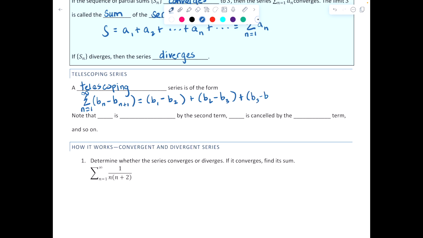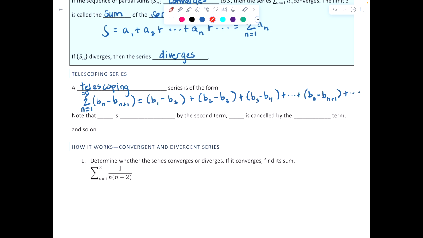B3 minus B4. So they end up at some point zeroing out, right? Successive terms zero out the ones before. And so this would keep going on as you got to the b sub n plus first term, or b to the nth term, b sub n, and then minus b sub n plus 1, and plus dot, dot, dot.